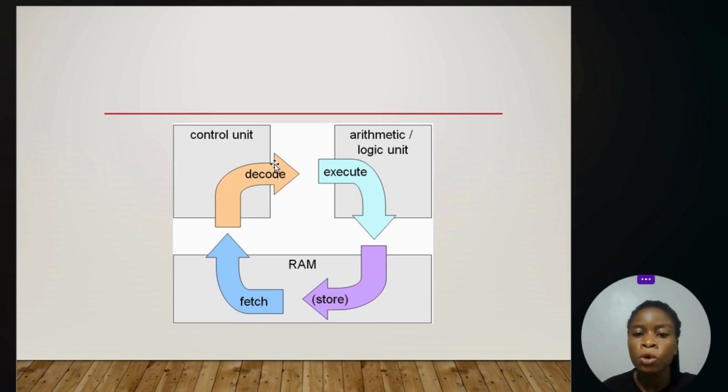Here it decodes the information, and the information is executed. After the information is executed, the newly processed information is then stored back into the RAM.